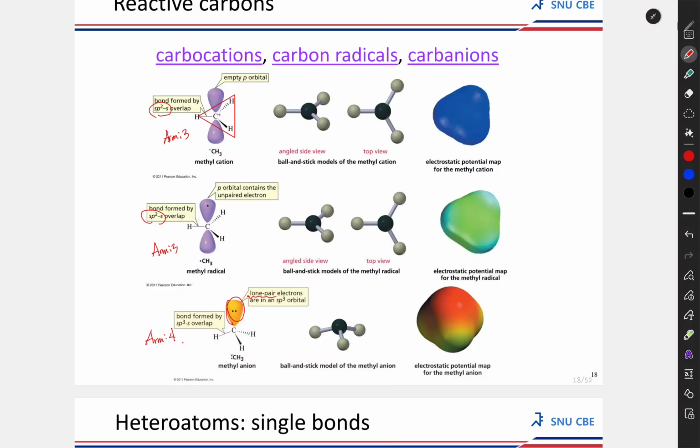And then you describe the bond between this carbon and hydrogen as an sp3 and s orbital overlap. But in the above two cases, methyl cation and methyl radical, the center carbon is sp2 hybridized. Thus, the bond between this carbon and hydrogen should be described as an overlap between sp2 hybridized and the s orbital of hydrogen.